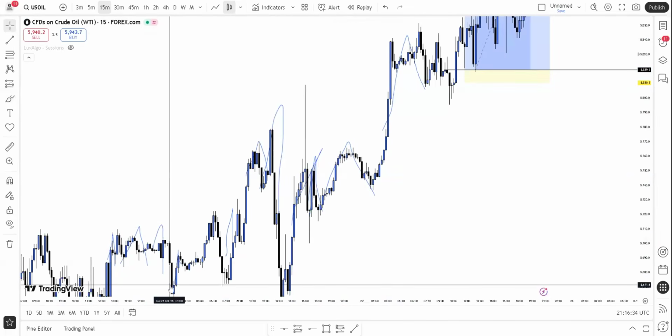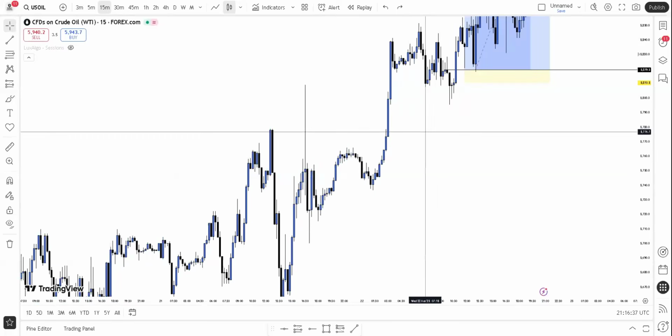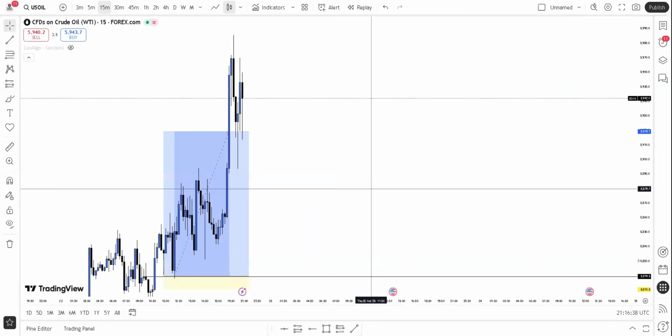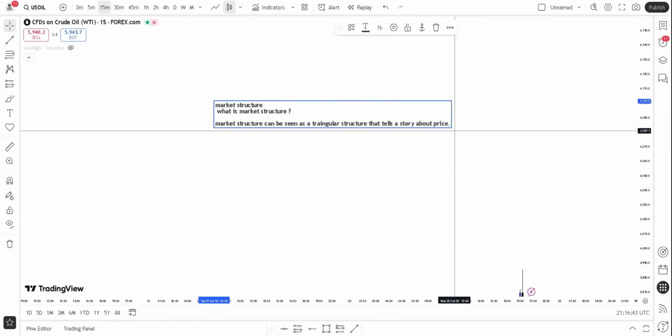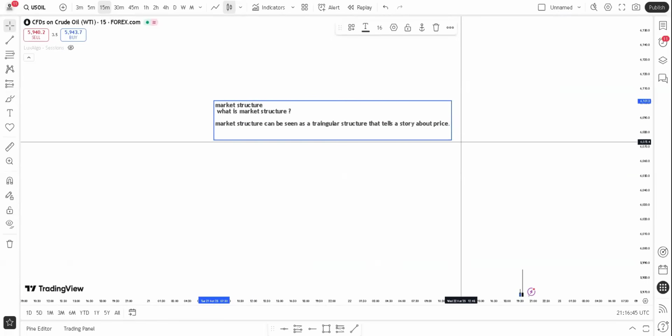Do you understand? With this kind of structure, we have different kinds of structures that are specified on their own. Before that, we have two ways of trading market structure.